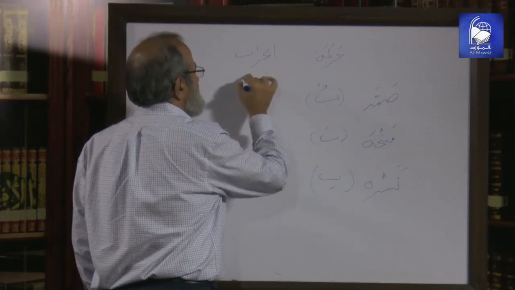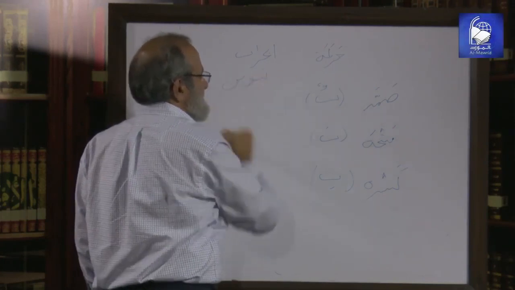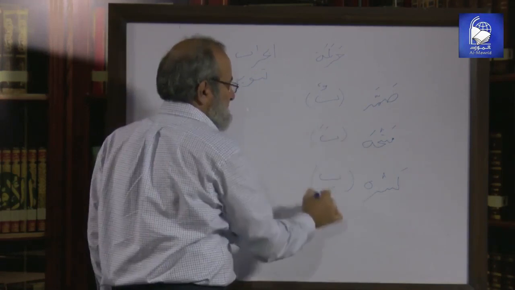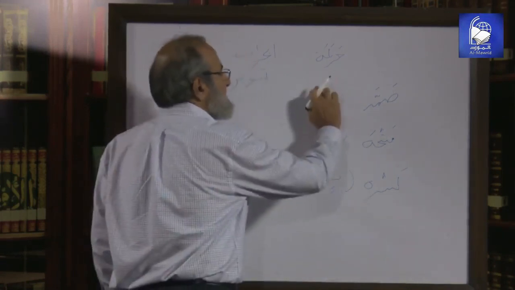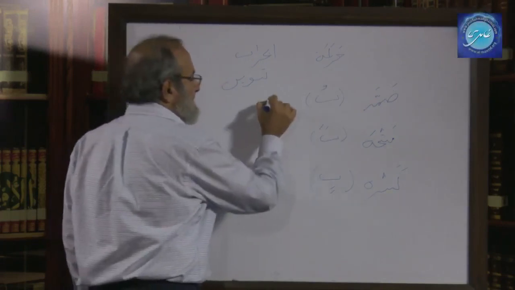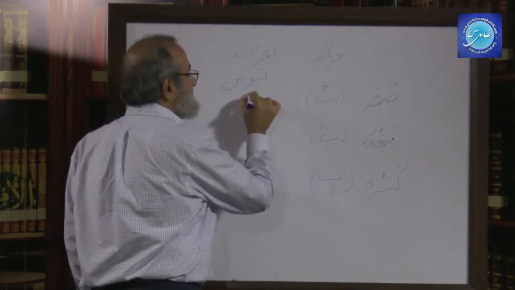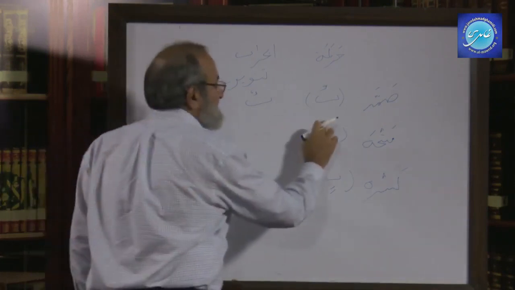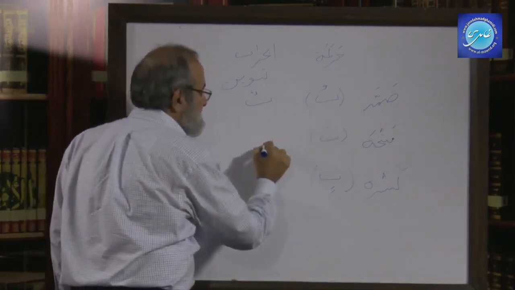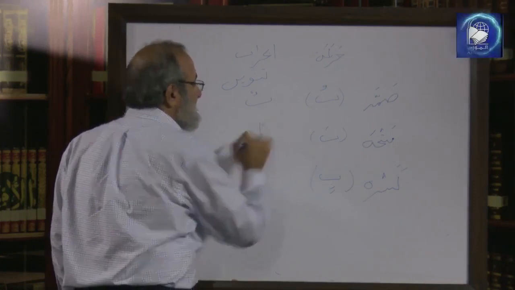You are doubling it. Here also you double, and here also you double. And what happens? When it was single, it was bu, but when it's double, it's bun. When it was single, it was ba, but when it's double, it's ban.